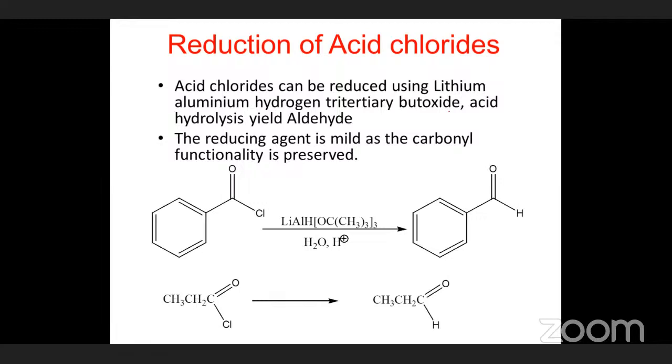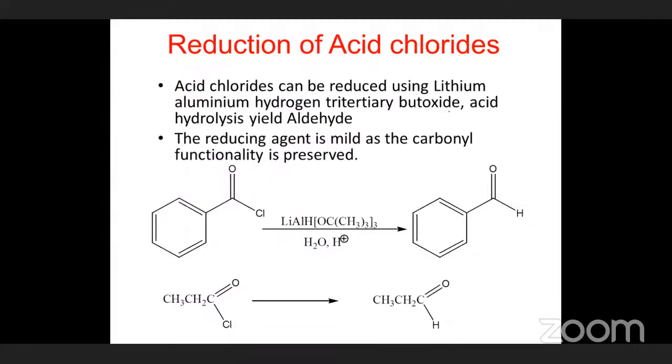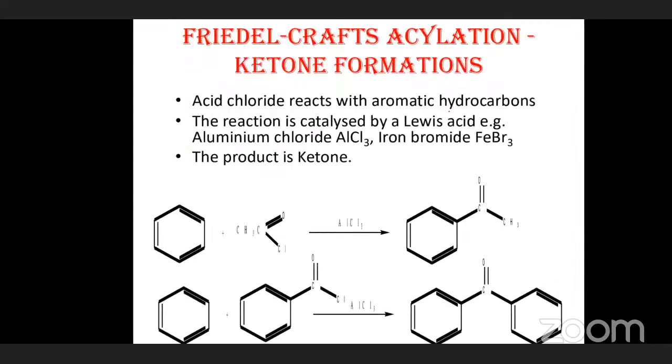Sometimes you can get a trick question. It says the reduction of acid chlorides will give what carbonyl? If you remember that it's only one way, only one answer can be correct. So you cannot get a ketone. And obviously you can see from the structure why that is not possible.